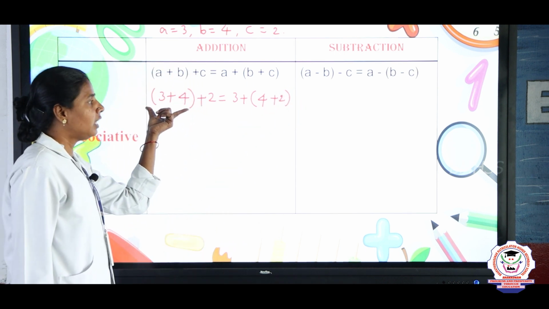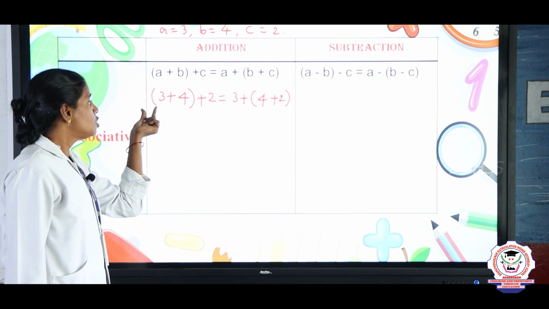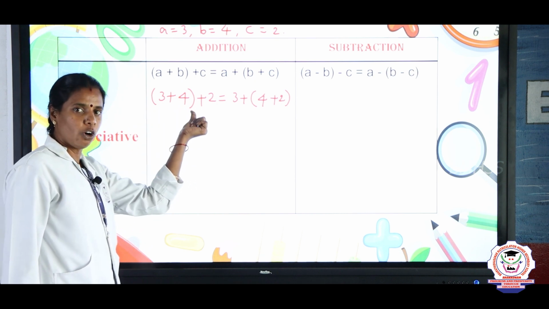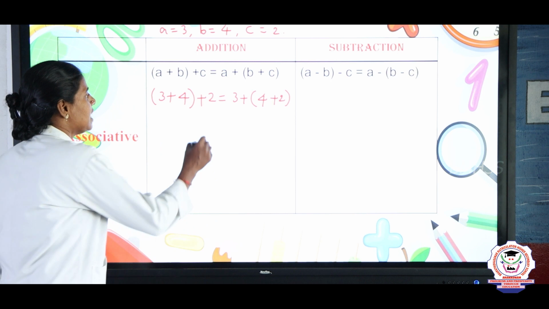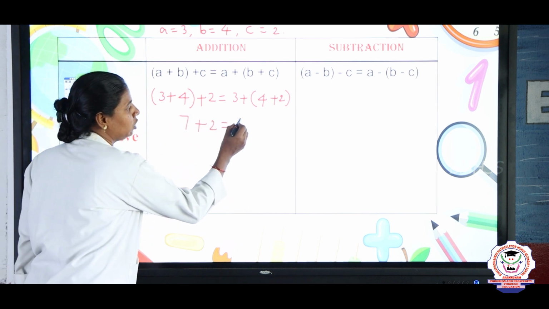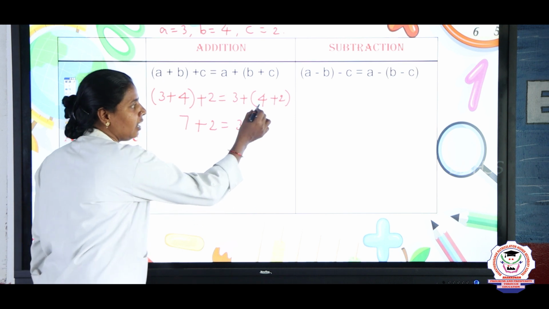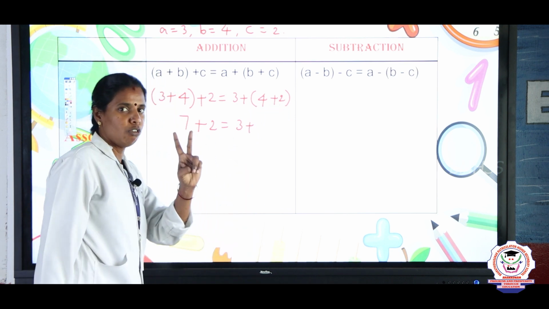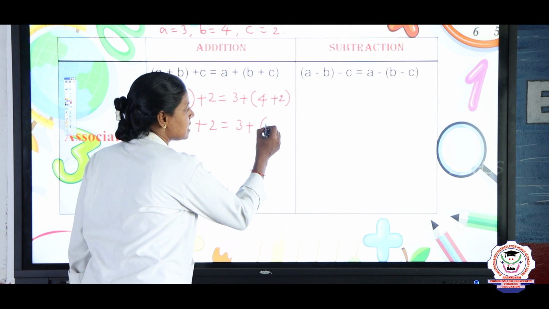First we need to solve the numbers in the bracket. 3 plus 4 is 7, so 7 plus 2 equals 3 plus, in the bracket, 4 plus 2. 4 plus 2 is 6.